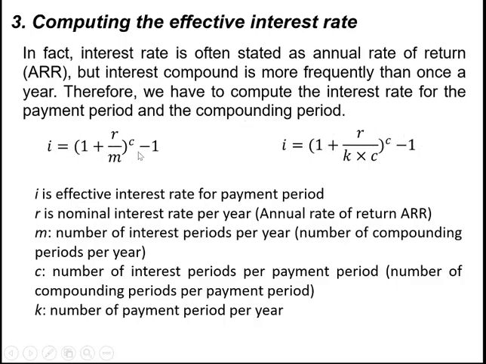The first: i = (1 + r/m)^c - 1. And the second is like that, but here m is replaced by k times c. In these formulas, small i is the effective interest rate for payment periods.